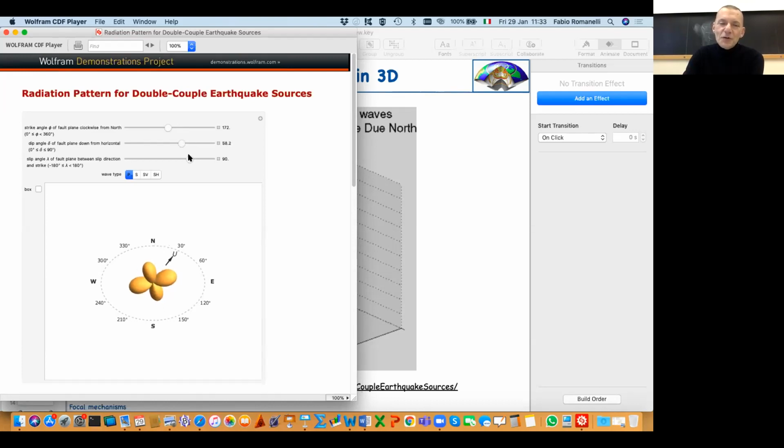You can change the slip angle, what we call the rake. And you will see that this four-lobed radiation pattern is going to change in space, but its shape is always the same. You can imagine also to have it fixed and to take your receiver around the source, so it will be the same. This is for P, and this is for S.